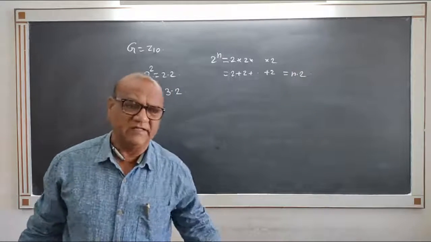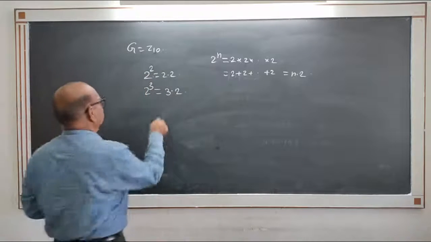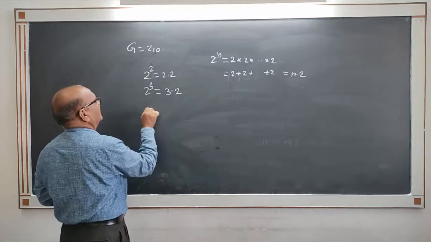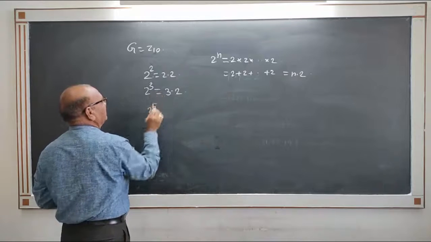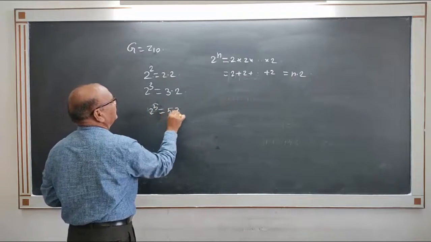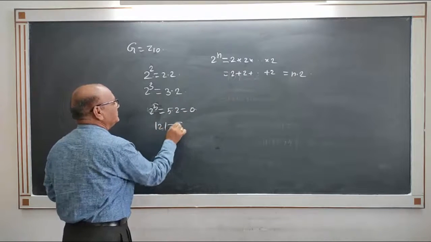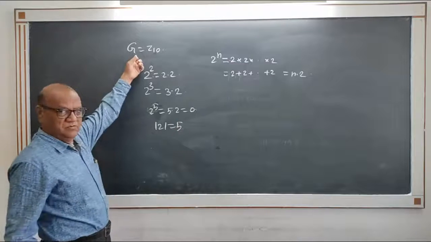If the operation is addition, then a raised to n means n times a, and this gives here 2 raised to 5 means 5 into 2, this is 0. Therefore, order of 2 is equal to 5 in this group.